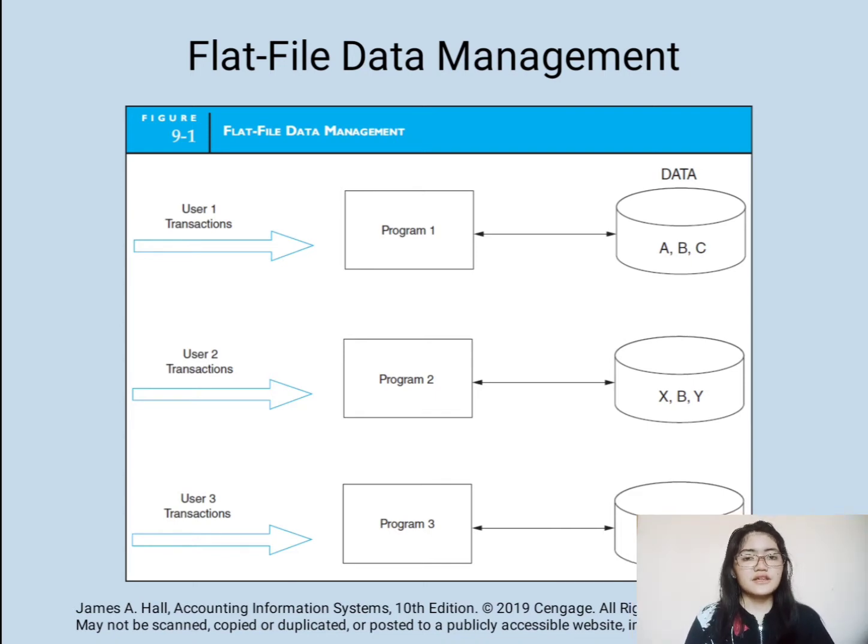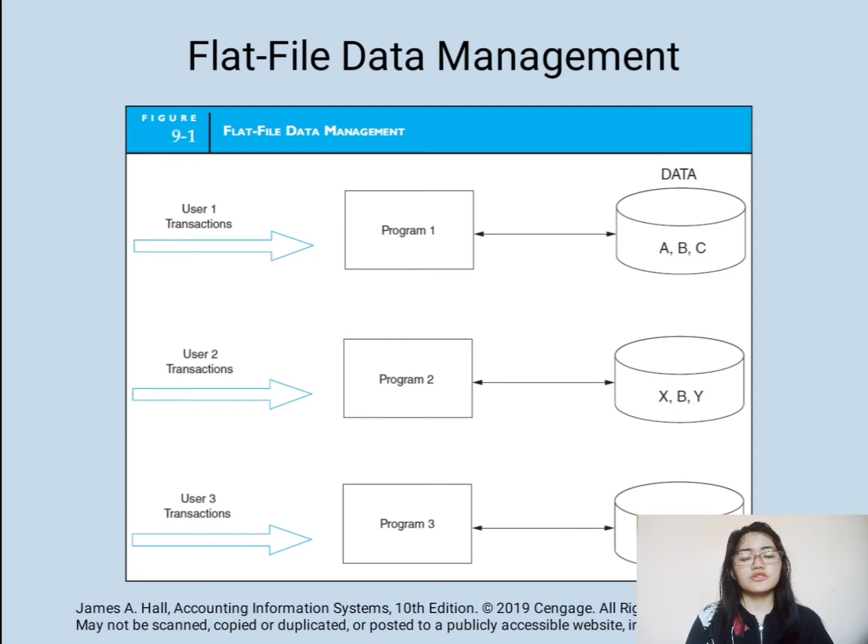As you can see here, each of these users has this particular data B. This is just one disadvantage of flat file or file-oriented processing, wherein there is data redundancy. So, what is data redundancy?